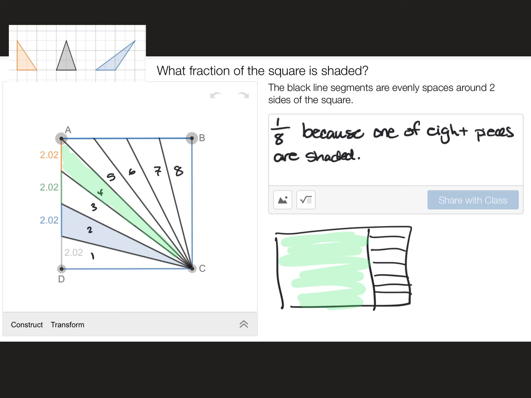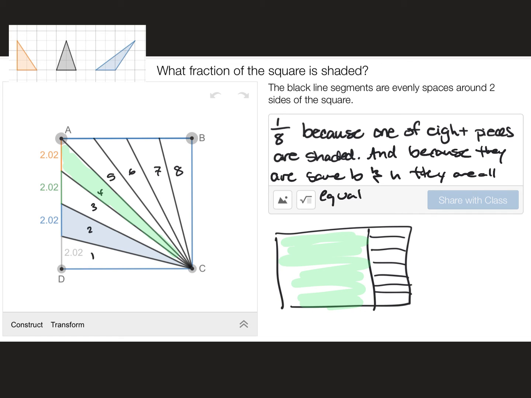So you do want to add something like, and because they have the same base and height, they are all equal in size, the triangles.